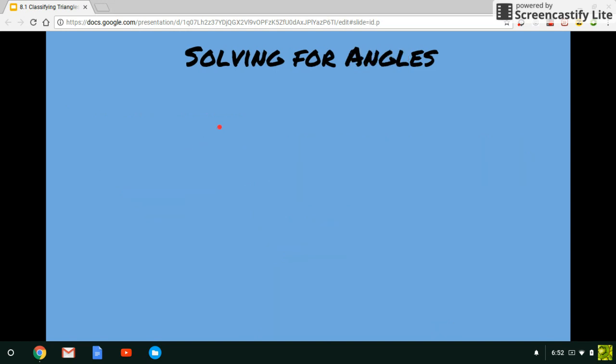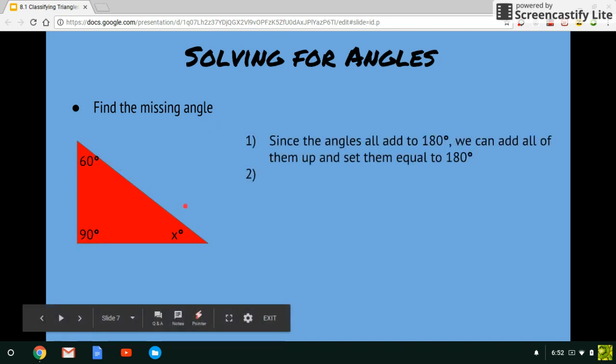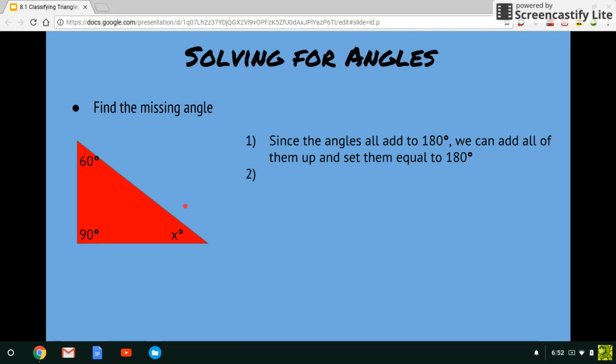Okay, so we can also solve for angles on triangles. So we might see a situation like this where we have two angles and we need to find the third. And since all the angles add up to 180 degrees, we can add all of them up and set them equal to 180. So here we go, we've got 60 plus 90 plus x equals 180. And then just solving algebraically, let's combine like terms here.